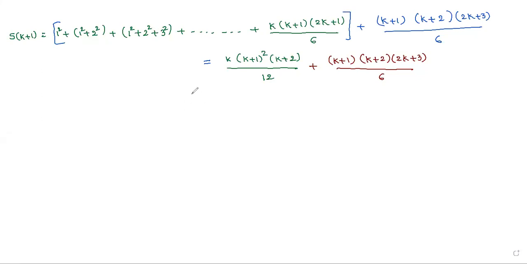So what is common now? On both sides, k plus 1 is common, k plus 2 is common, and the denominator 6 is also common. Remaining terms: k into k plus 1 plus 2k plus 3.